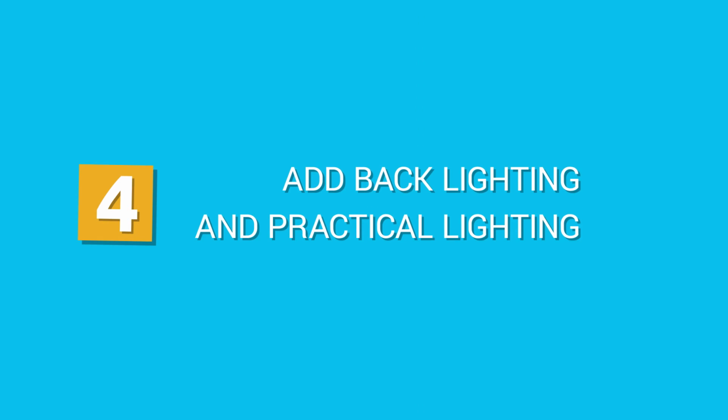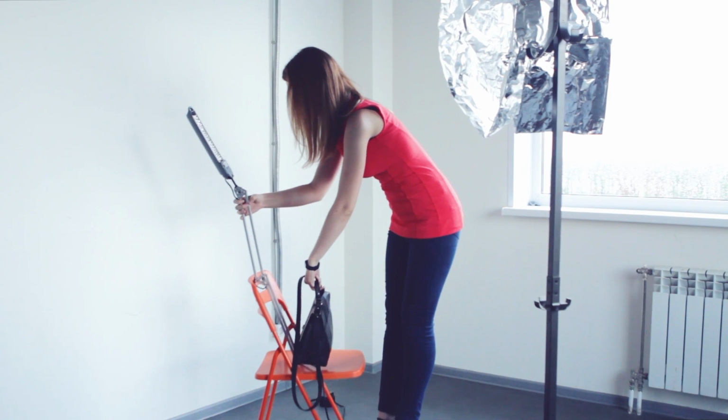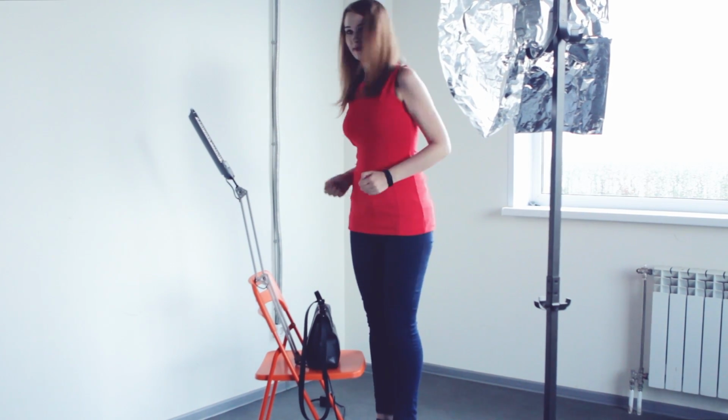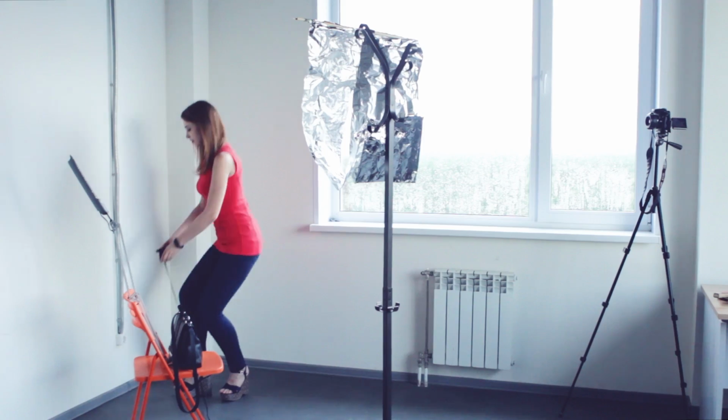Tip number 4. Add backlighting and practical lighting. The following trick is often used in professional studios. I'm going to show you how to make it at home without any special equipment. Take a regular lamp, put it behind you and direct the light onto the back of your hat.